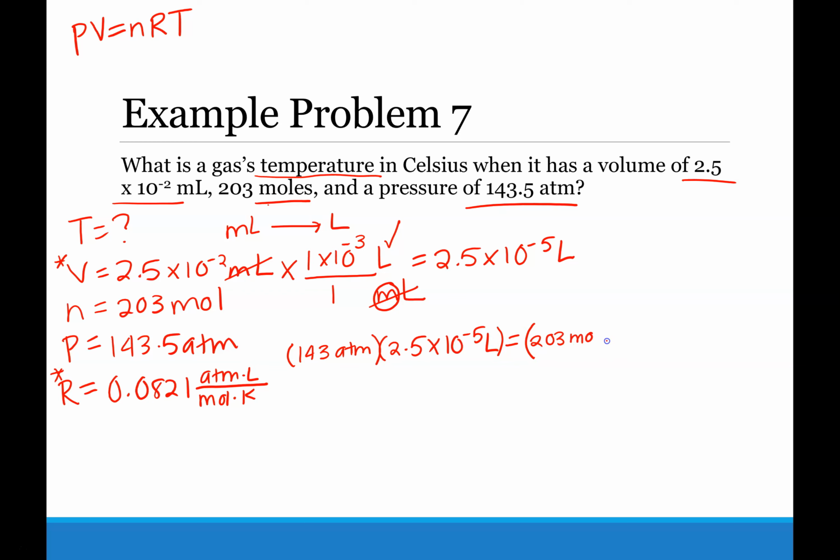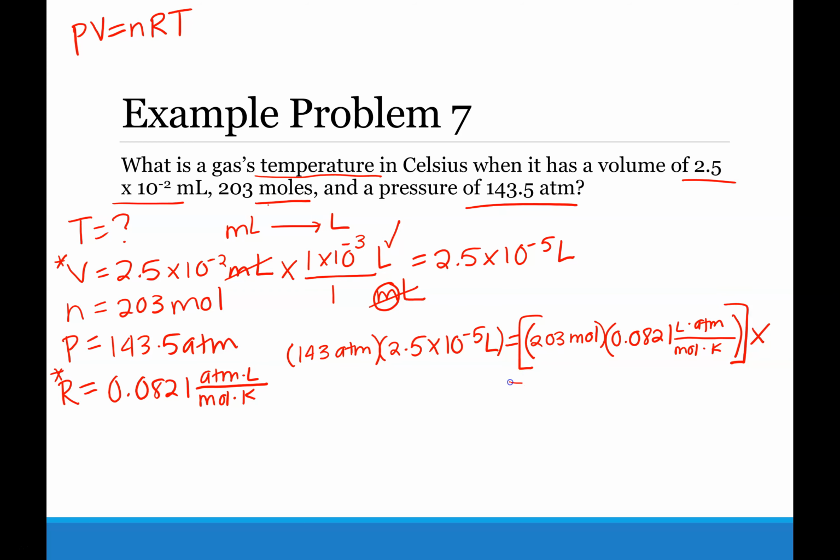That is a lot of moles. R, the ideal gas constant, so 0.0821 liters atm divided by moles Kelvin. And then T is our X, or you can put T there if you'd like. Either way, it's correct. So we're going to treat everything right here as one variable.